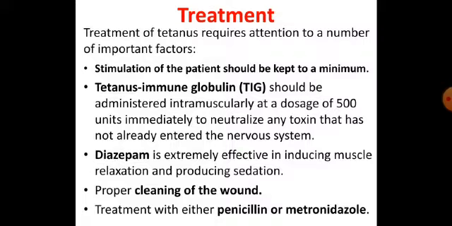The tetanus immunoglobulin, which is the anti-tetanus antitoxin, should be administered intramuscularly immediately at a dose of 500 units to neutralize any toxin that has not already entered the CNS. Diazepam is extremely effective to sedate the patient and to induce muscle relaxation. Cleaning of the wound and treatment with antibiotic, penicillin, or metronidazole is effective.